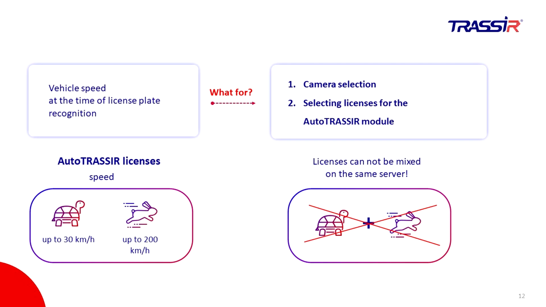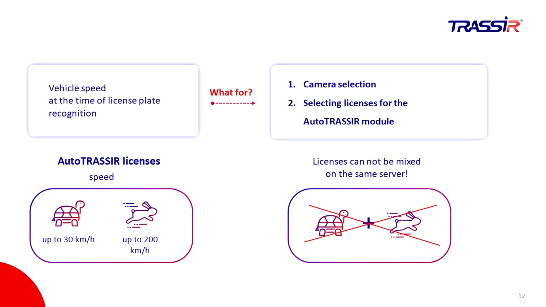We have two module formats, for slow speeds up to 30 km and for fast ones up to 200 km. We see situations when they ask for the 200 km per hour module, thinking that the higher the speed I set, the better. But this is a mistake. More is not equal to better. It is important to select a license based on a specific task.